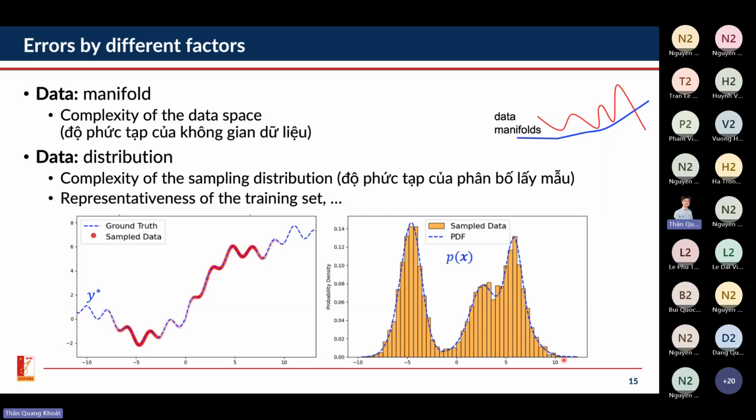The whole space can be very large, and you just collect some examples in a very small area. So in that case, the training set is not representative, and of course, little information is in the training set. And we cannot hope that the training algorithm can understand the data space.